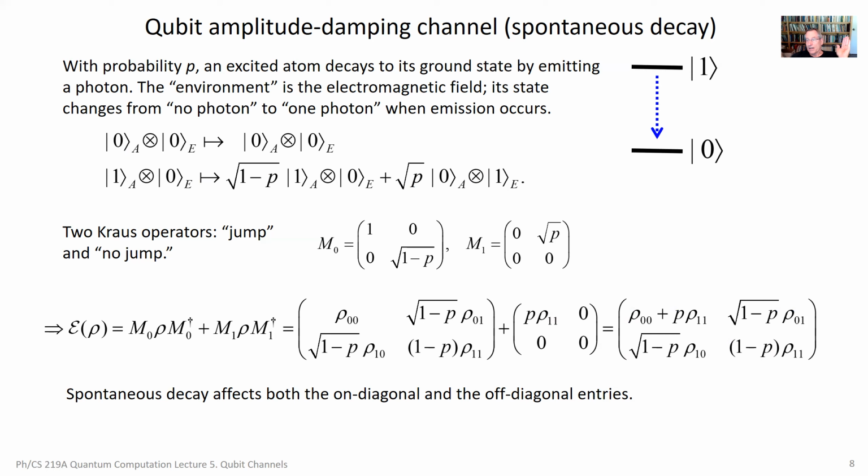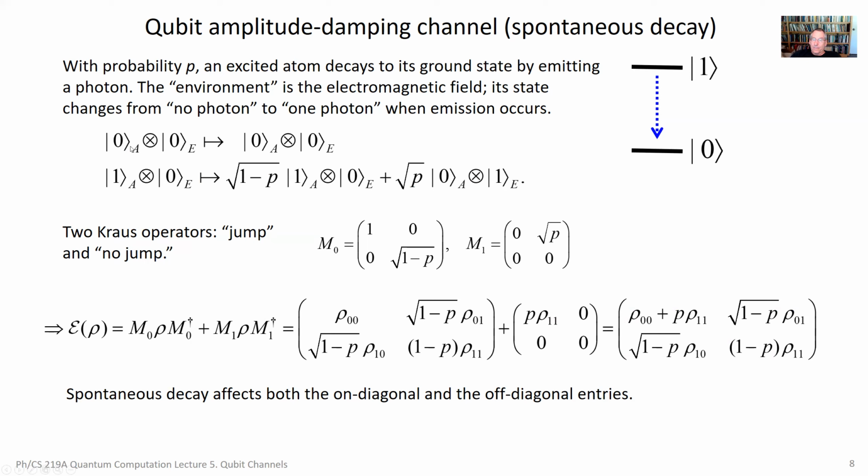It has just two states: the vacuum, there's no photon, and the one photon state in which a photon has been emitted. Those two states are perfectly distinguishable. They're orthogonal states of the electromagnetic field. Likewise, the ground and excited states of the atom are the basis states for a qubit, orthonormal states. So I can think of the process this way.